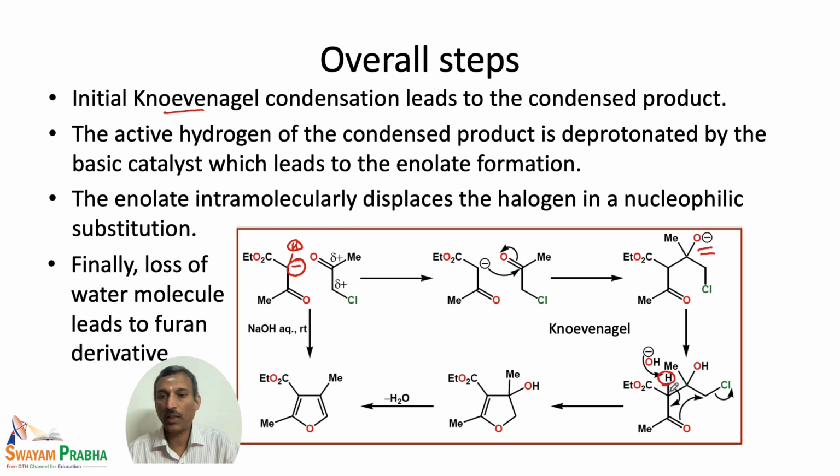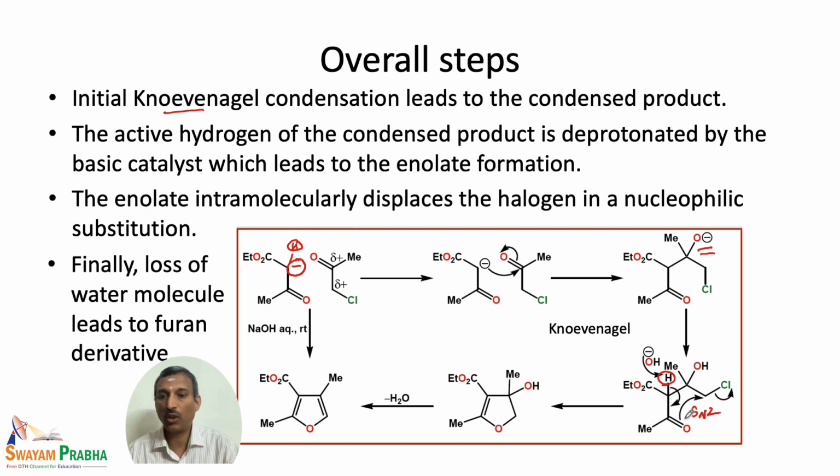So there, once this particular proton is lost, a negative charge comes here, and that is being shared between the carbon and the carbonyl carbon. So we end up with a double bond between these two carbons, and the negative charge which comes on this carbon now attacks. This is nothing but the internal SN2 type attack.